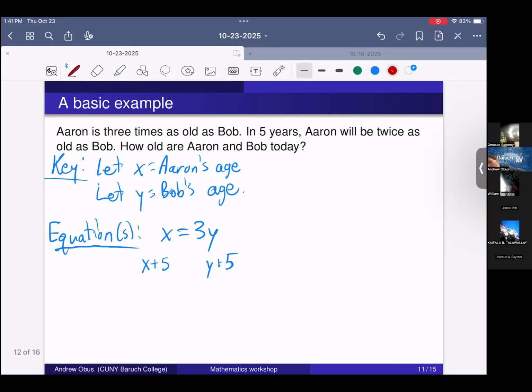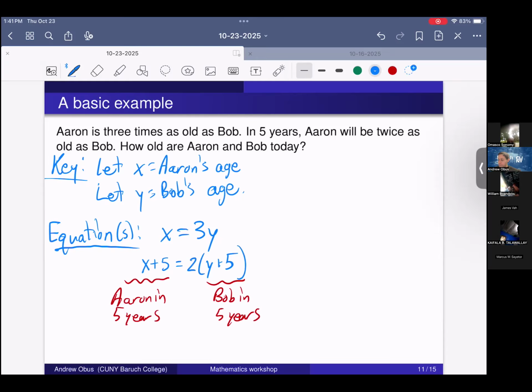This is Aaron in 5 years. This over here is Bob in 5 years. Right? And well, what do we say? In 5 years, Aaron will be twice as old as Bob. Okay, so x plus 5 should be equal to 2 times (y plus 5). Okay, so these are our equations.